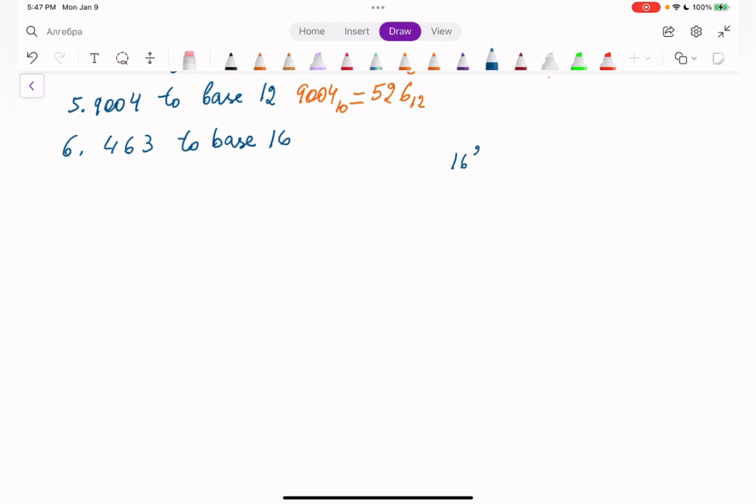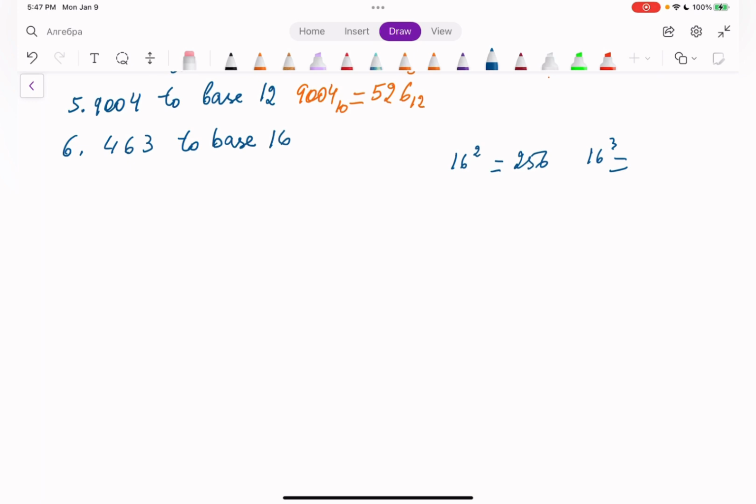Base 16, that means, let's check. 16 to the power 2 is going to be 256. And 16 to the power 3, let me see, I need to punch it. I can't do it in my mind. So it's 4,000 and something.